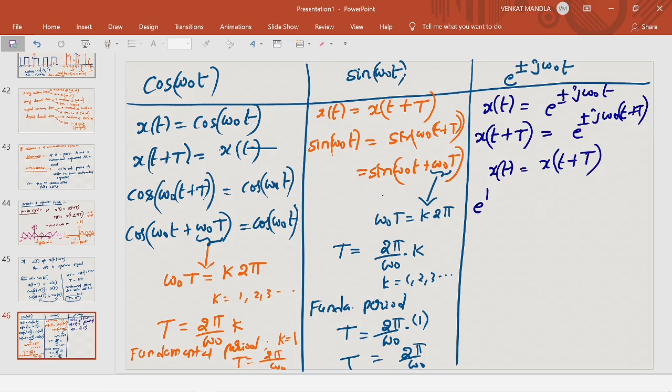What is x of t plus capital T? E power plus or minus j omega naught into t plus omega naught into capital T. This can be written as e power plus or minus j omega naught t into e power plus or minus j omega naught capital T.